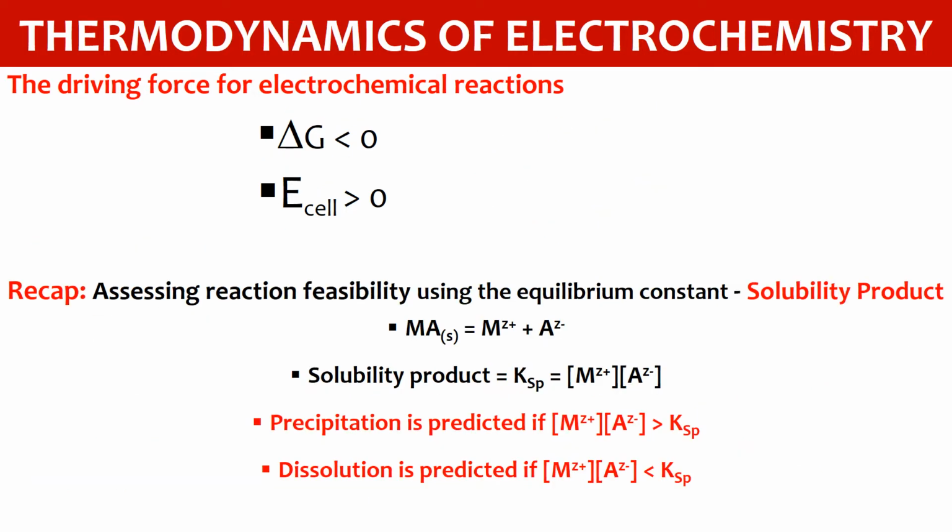right. So let's do a simple recap, assessing feasibility using the equilibrium constant or the solubility product. Assume you've got this kind of reaction. Okay, that's your reaction, which is a compound, and then you dissolve it. It forms maybe a salt. It forms separate cation and anion.